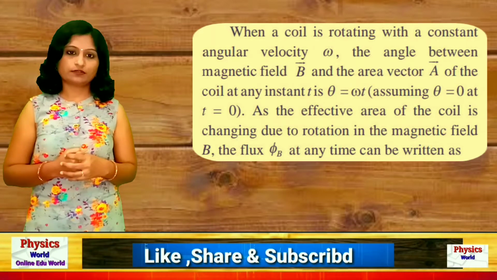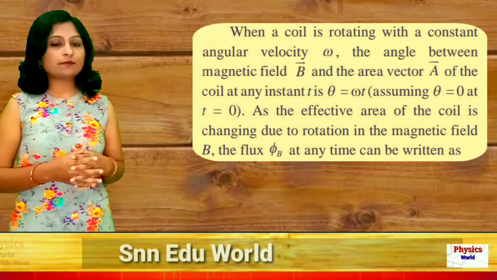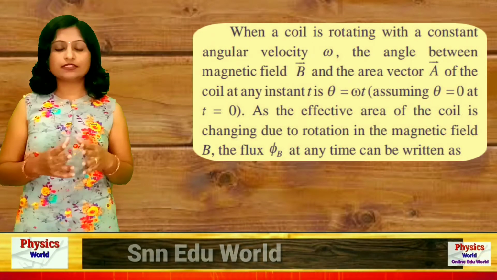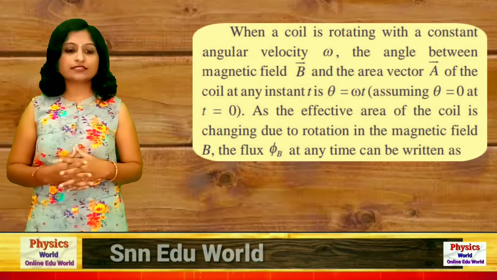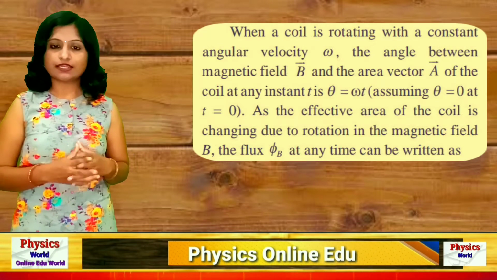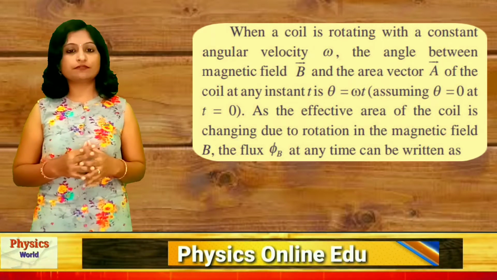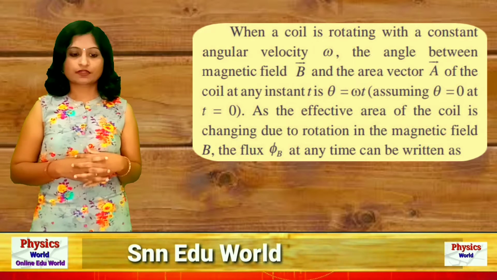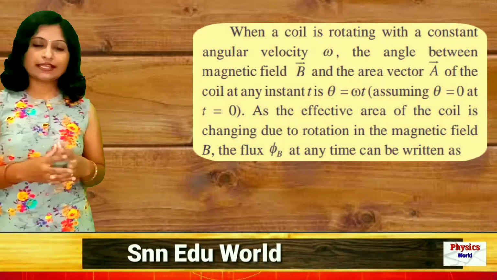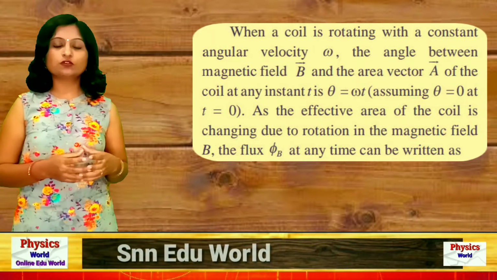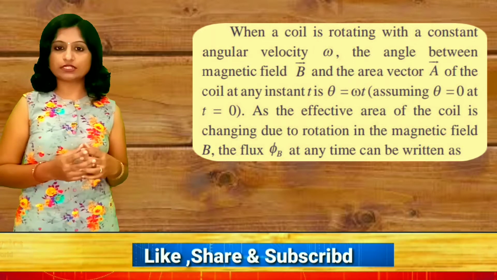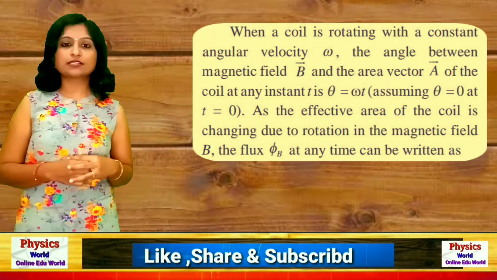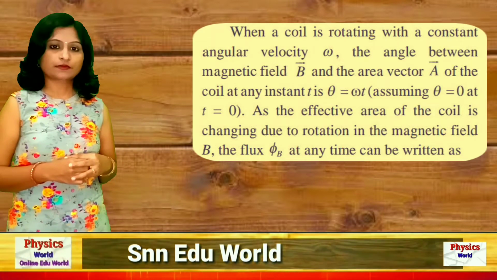Now suppose the angle between the magnetic field B and the area vector A is theta. At any time t, the angle between the magnetic field B and the area of the coil is theta. So how can we represent theta? Theta is angular displacement. So we know that theta is equal to omega into t. Displacement is equal to velocity into time. So theta is equal to omega t.